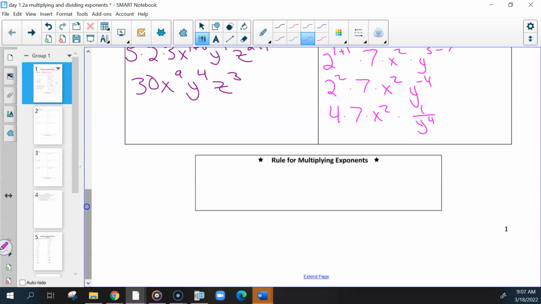And then multiply. You have 28 x squared times 1 over y to the 4th. Now we need to write this as one simplified fraction. Felix? y. Correct.